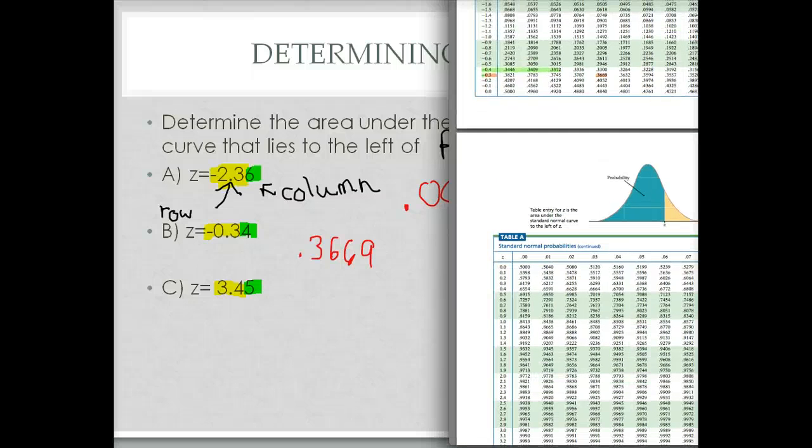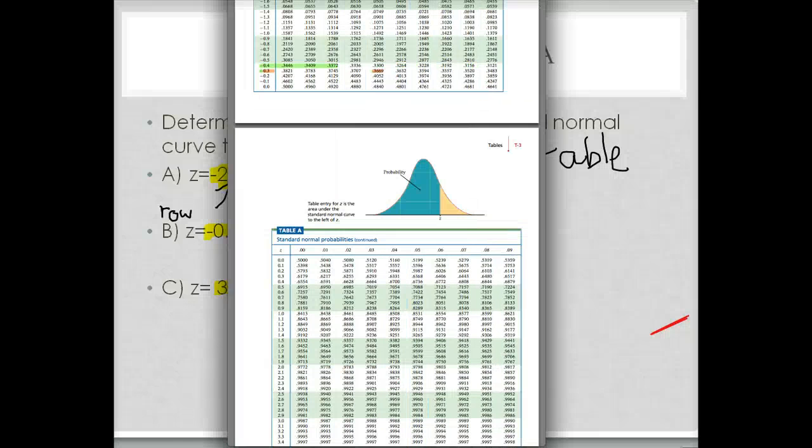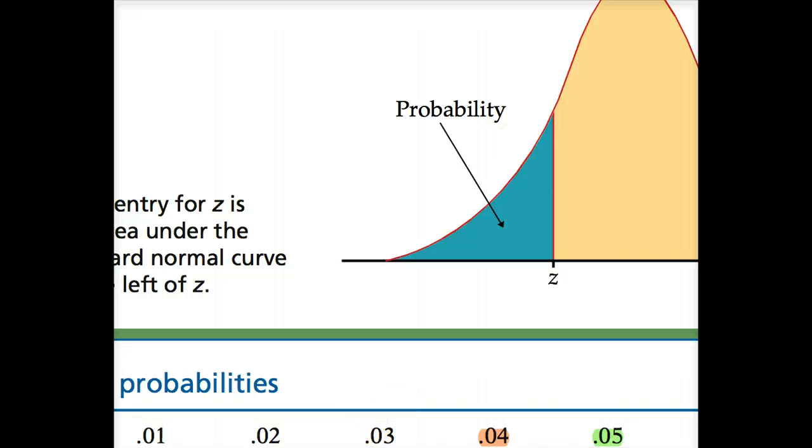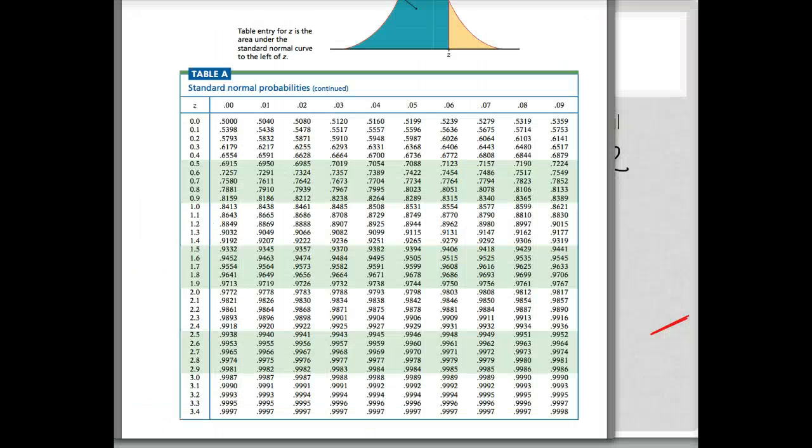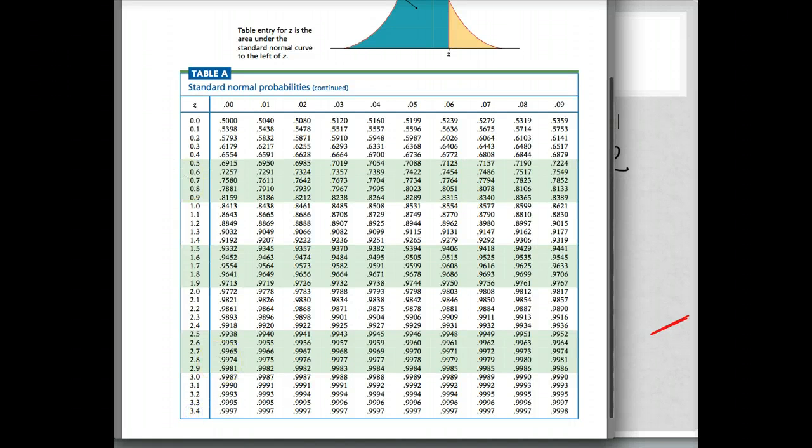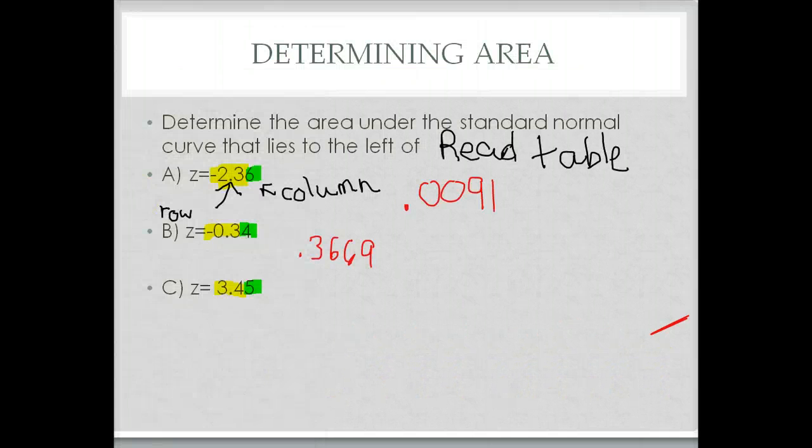There we go. So 3.4 is my row, and then you have the 5 column, and they meet at 0.9997, giving me the area to the left of those values.